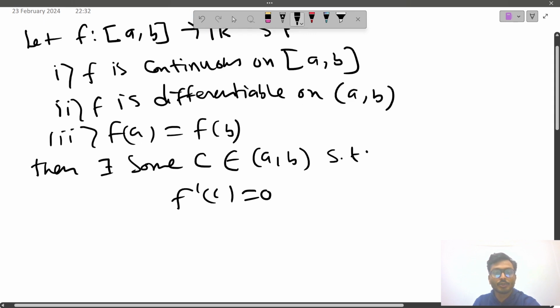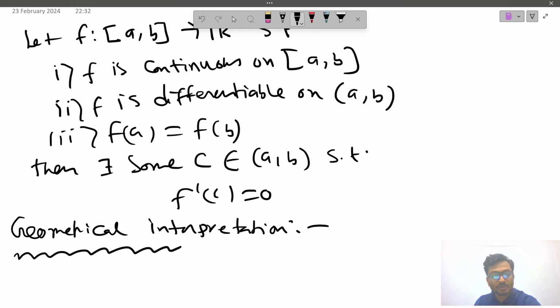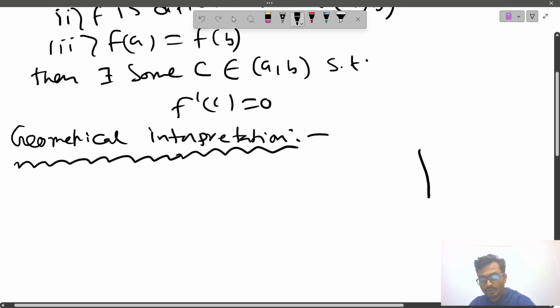Now we are going to find the geometrical interpretation of this theorem. So geometrically, what does this theorem mean? Let us draw the coordinate axes.